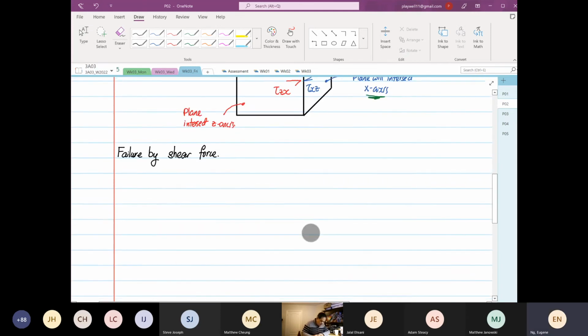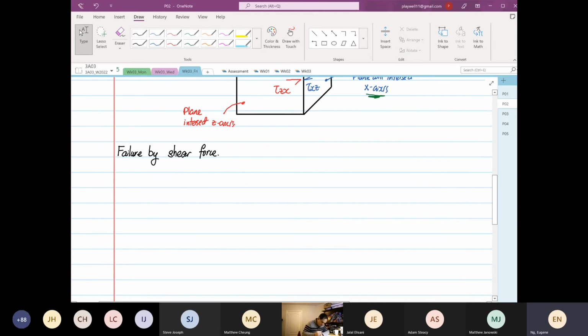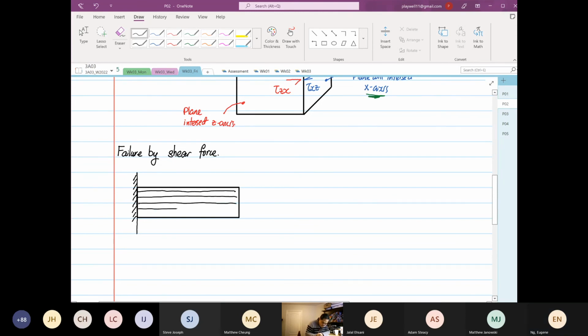Now if we have a cantilever beam, and the cantilever beam is made of layers, 1, 2, 3, 4, 5. They're made of layers like this, and all these layers can slide past one another.